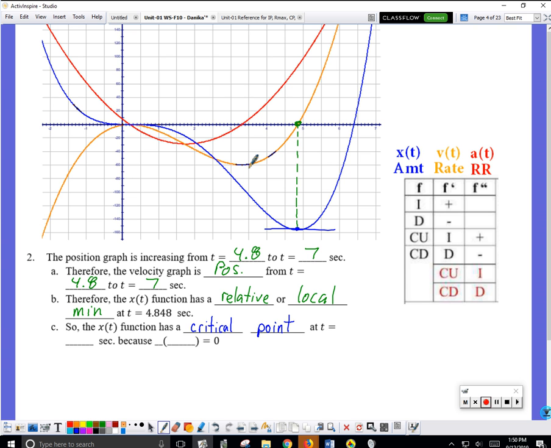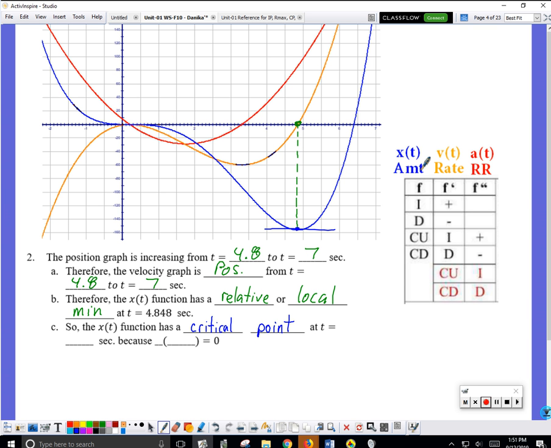Okay, so the position will have a critical point when the slope of the position is 0 or undefined. And then there's a big "or" on your reference sheet: or where the function's derivative has a value that is 0 or undefined.